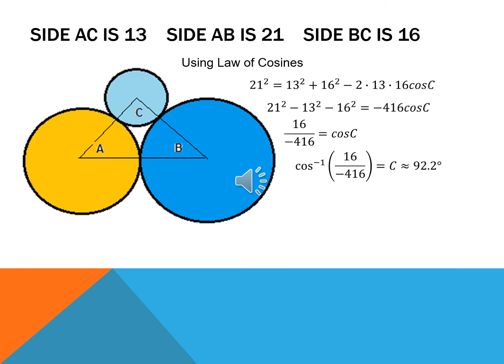That gives me a value of 16. Then I'm going to divide by negative 416. That's multiplying cosine of C. Once I get that value, I want to get C, so I have to do the inverse function. So inverse cosine of 16 divided by negative 416 gives me an angle of approximately 92.2 degrees for angle C.